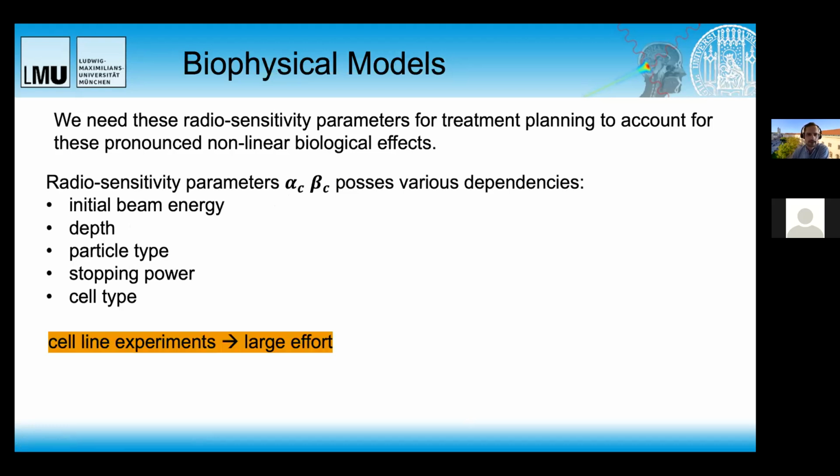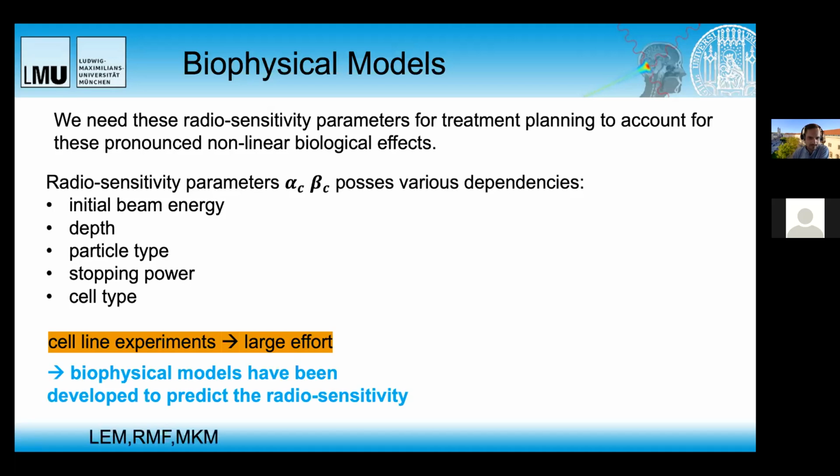And there is, as Nicholas was saying a couple of days ago, the curse of dimensionality. So there is the combinatorics to cover all these different combinations. It would be a huge effort to perform, for instance, clonogenic cell line experiments for all these combinations, and would take a lot of time, given that having access to a carbon ion facility is a limited resource.